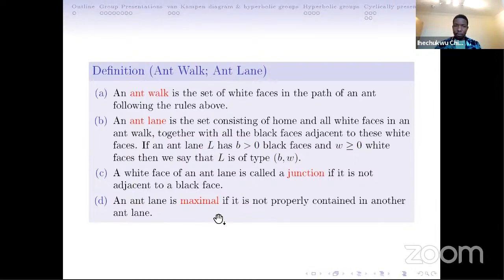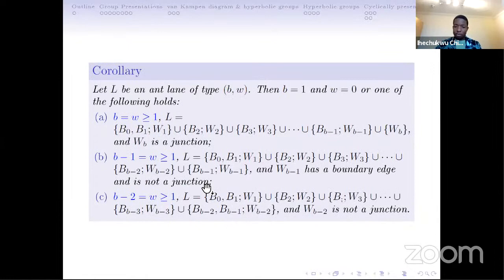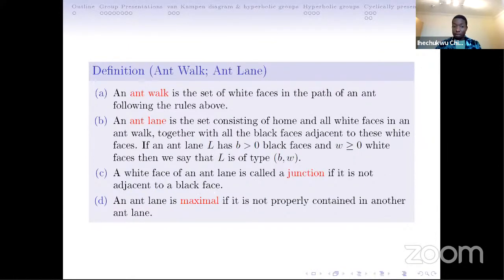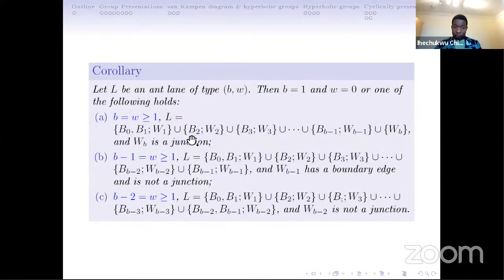Okay, so I'm going to try to write this in words, to describe what I just said. So there are many possibilities. In fact, 4 of them. This is when I have only one black face. This happens when the home of the ant is where it cannot leave the home. The only reason why an ant cannot leave a home is if there is no white face adjacent to it.